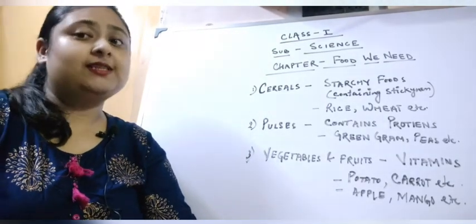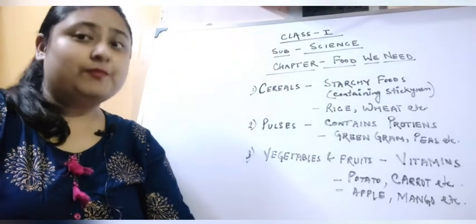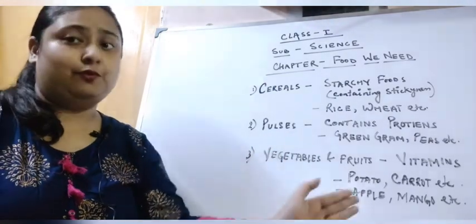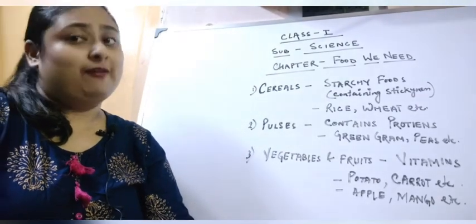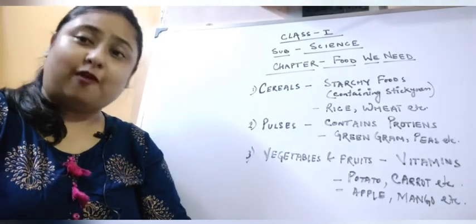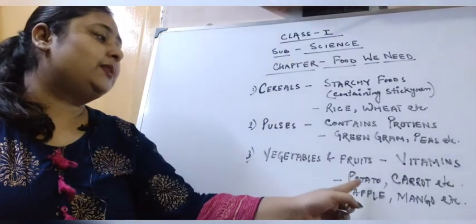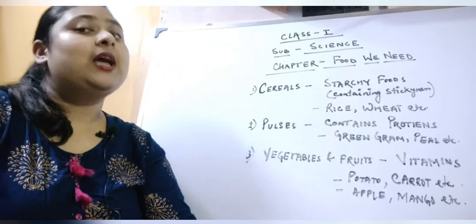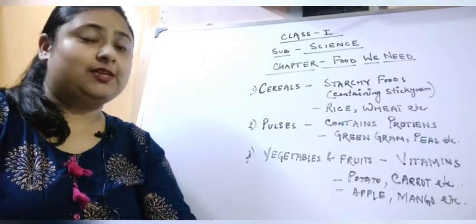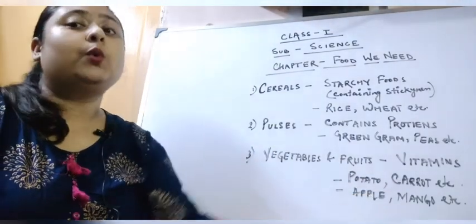The vitamins present inside the food materials like vegetables and fruits help us to protect from different kinds of diseases. For example, the vegetables are potato, carrot, beetroot, etc. And the examples of fruits are apple, mango, banana.